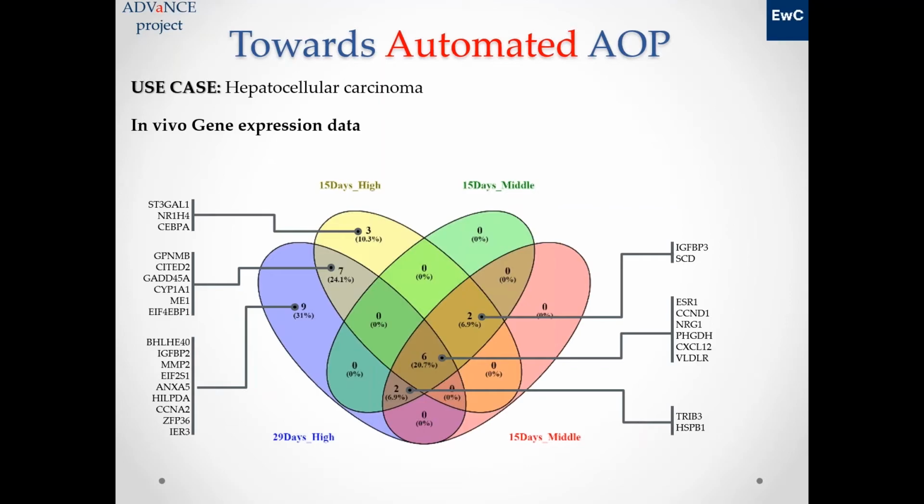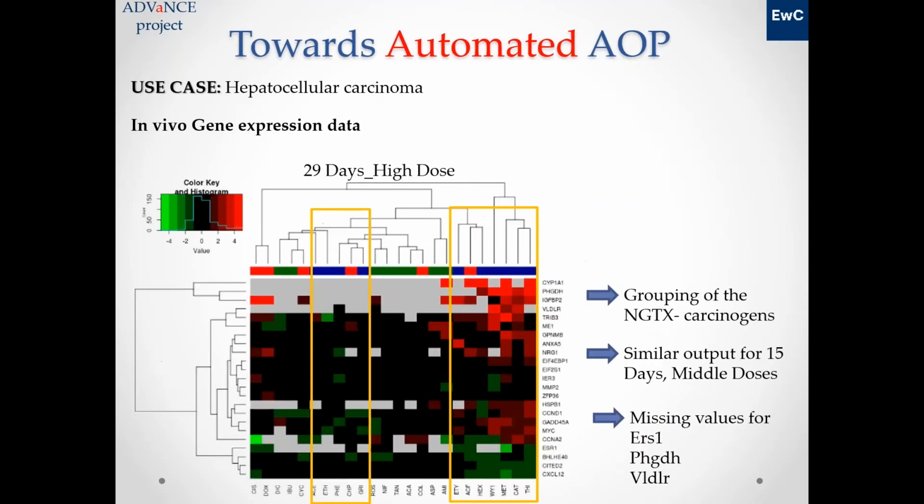Then we decided that we need to go into each individual gene and explore the data behind it, because bioinformatics can sometimes be interesting. What we saw is that for some of the genes, although they were selected, the problem was that there were some missing values.